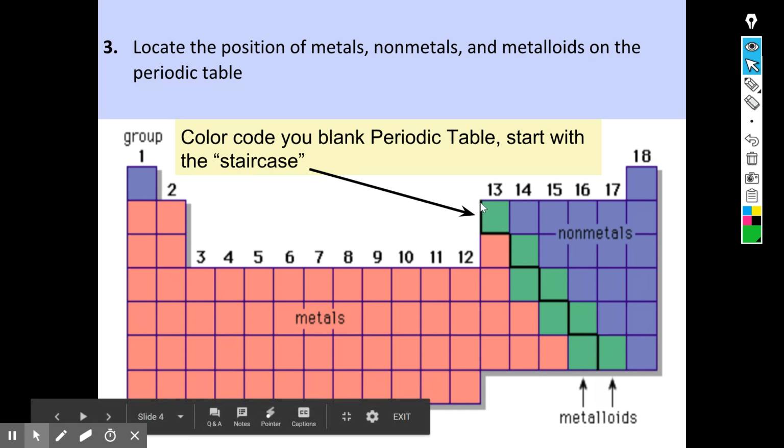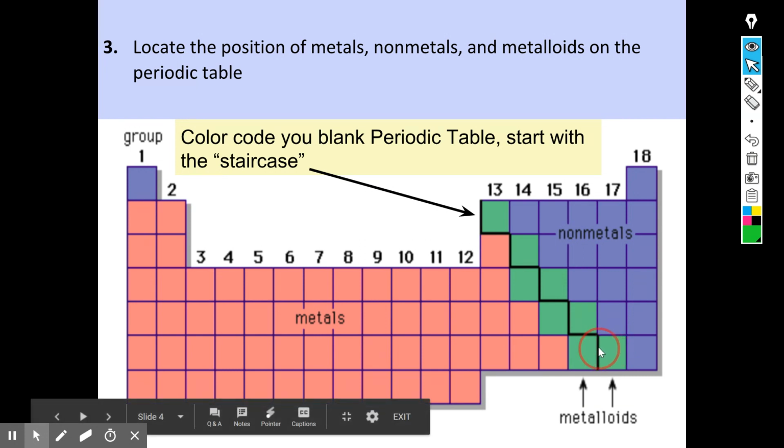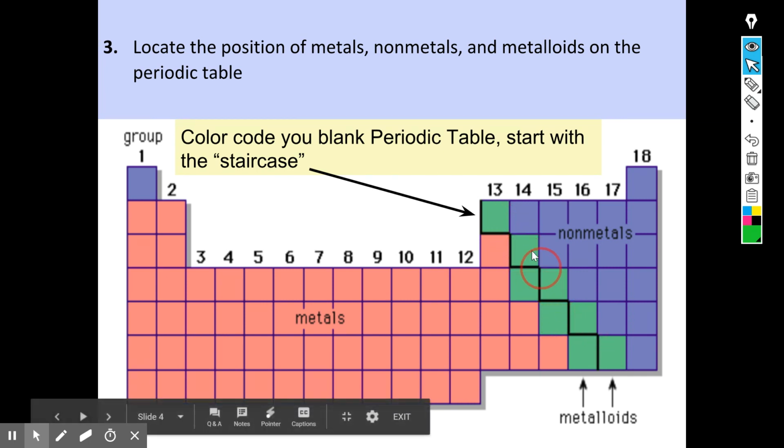The first 2 are on the right-hand side of that black line, and then from there down, it splits. On both sides of that black line is a metalloid.